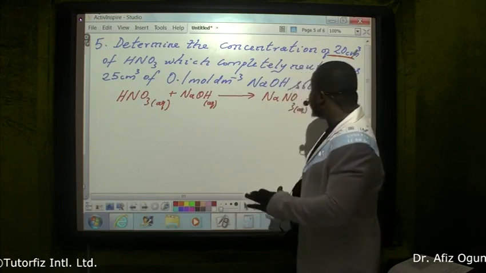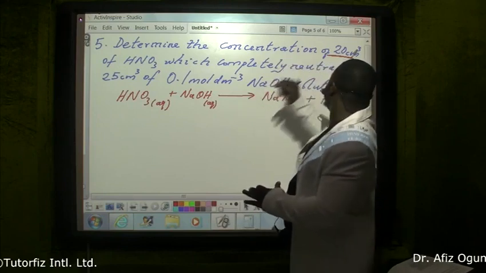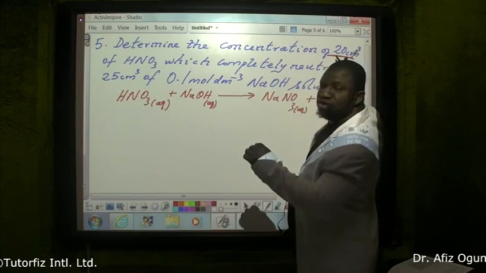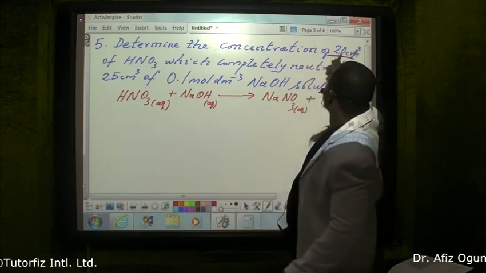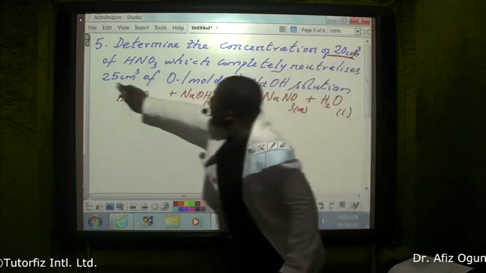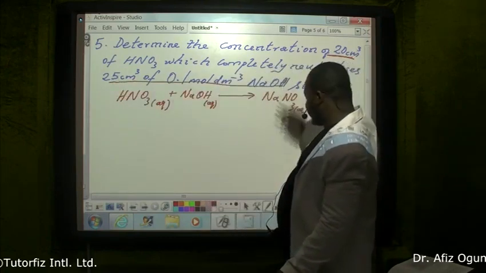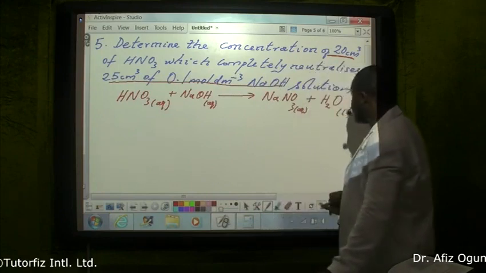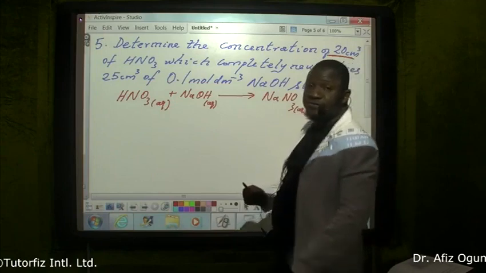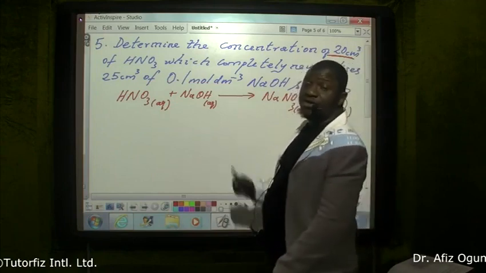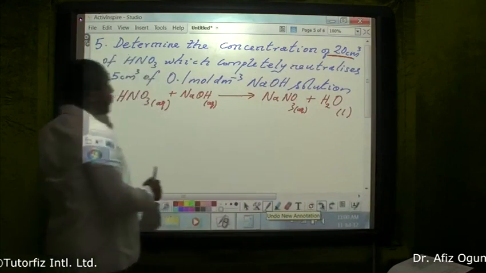At the point when the burette reached 20 cm cube, the color changed. Then you stop titrating, and you got the volume of acid which completely neutralizes the sodium hydroxide, and you got it to be 20 cm cube. So how do you now, from this information, determine the concentration of HNO3?